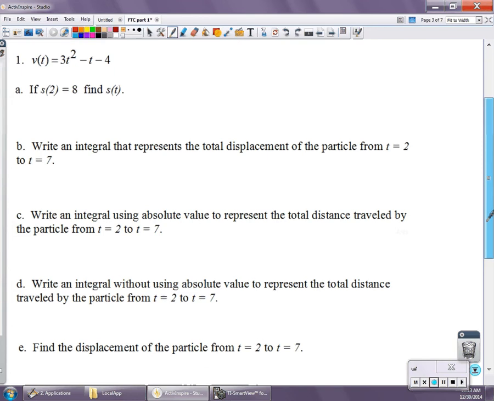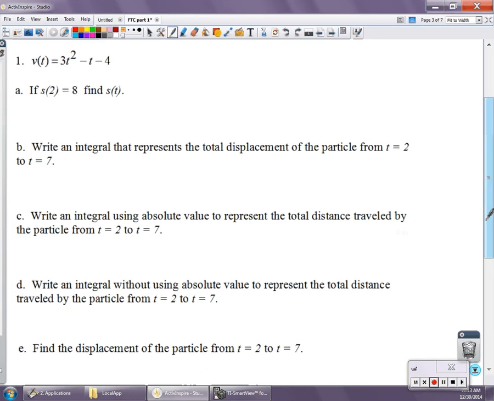Notice that we've been given a velocity function, 3t squared minus t minus 4, and first of all, you've been asked to find the position function, s of t, if s of 2 is equal to 8. So we know that s of t is equal to the antiderivative of v of t dt, which will give me t cubed minus t squared over 2 minus 4t plus c.